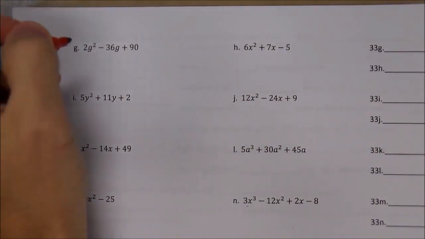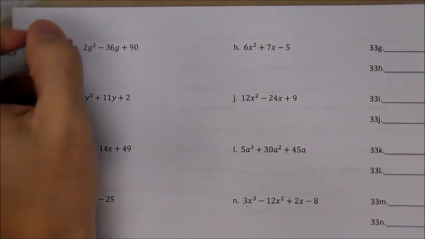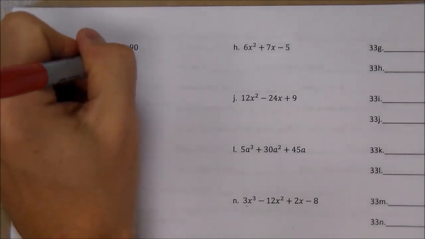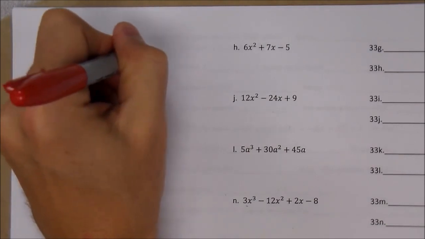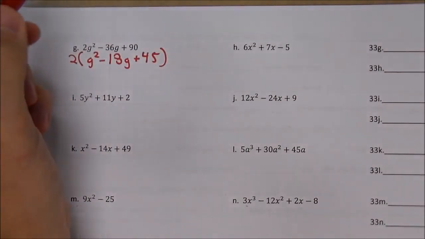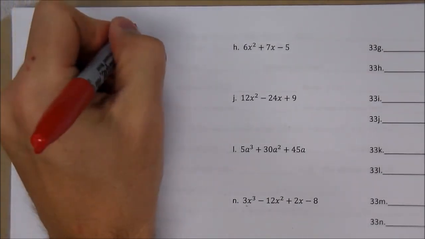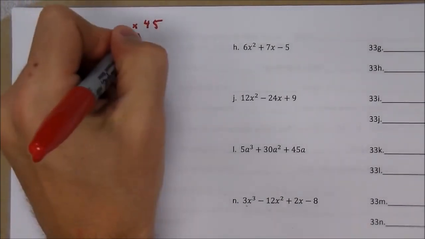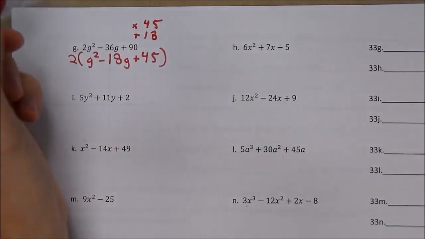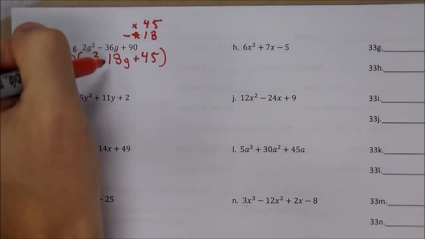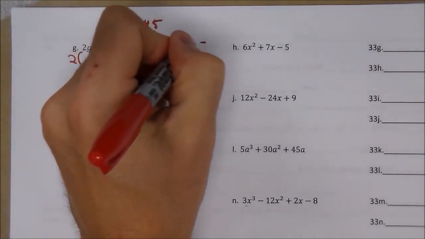Now for g, I'm going to factor out a 2, and I get g squared minus 18g plus 45. Now I want to multiply to 45, that adds to -18. So if it's a -18, it means they're both negative.